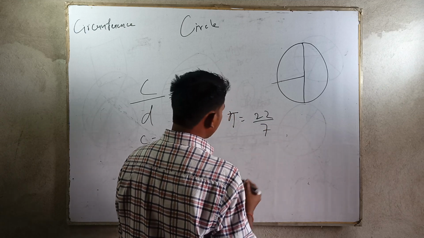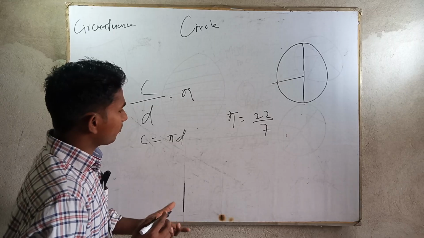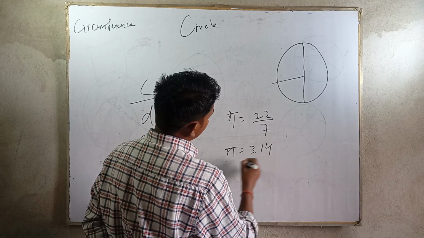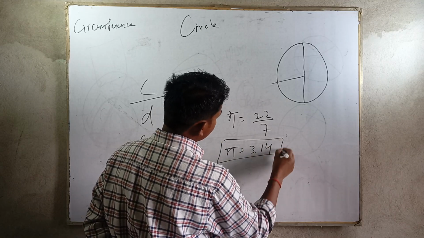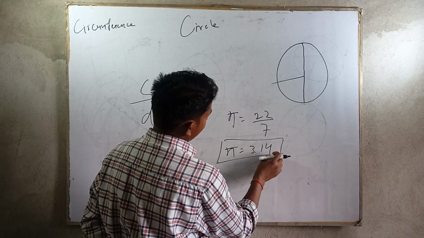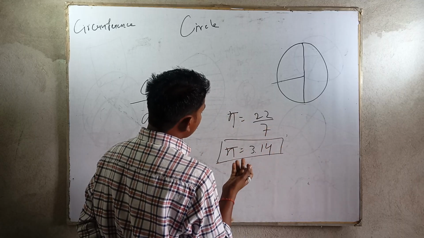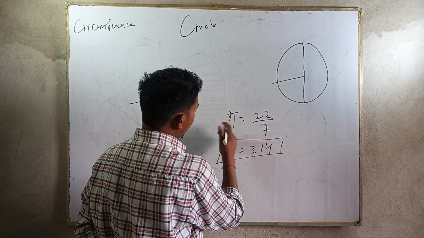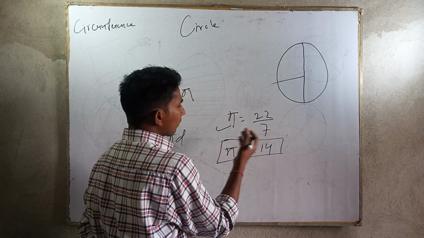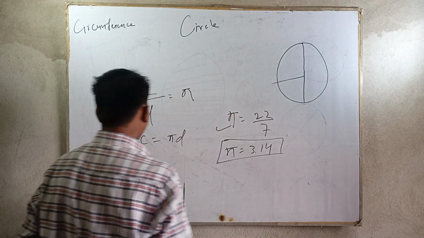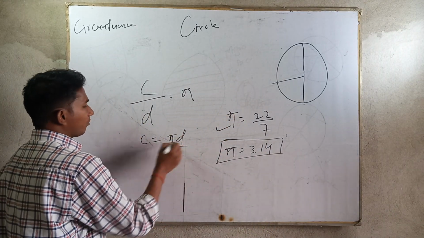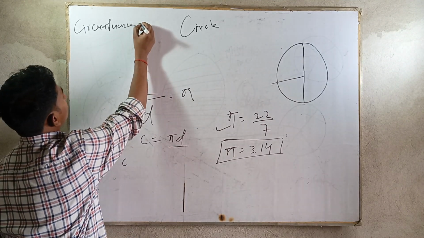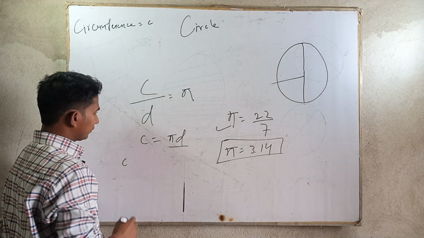Sometimes in a question it is given that pi equals 3.14. If it is given like this in the question, you have to put that value, not 22 by 7. And if the question does not say which value to use, then we always put pi equal to 22 by 7. So c equals pi d. C is the circumference of the circle.